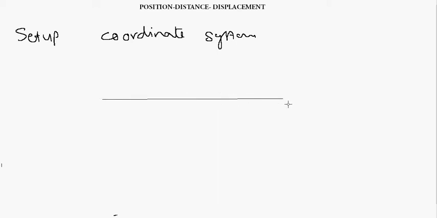The first step in describing motion of a particle is to set up a coordinate system. This is nothing but choosing x-axis with origin at x equals to 0.